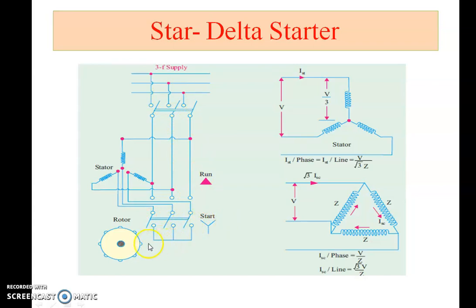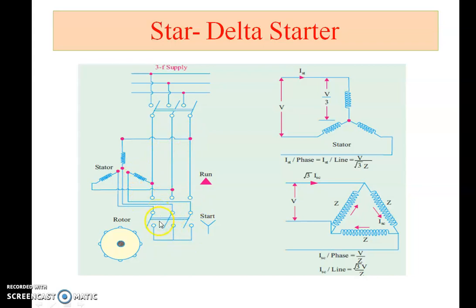Star means this is your common point, and this is connected to it. Now I switch on, and the current will flow from here. For each phase, suppose I consider this phase, the current will flow through this. That means everything becomes a star connected winding.